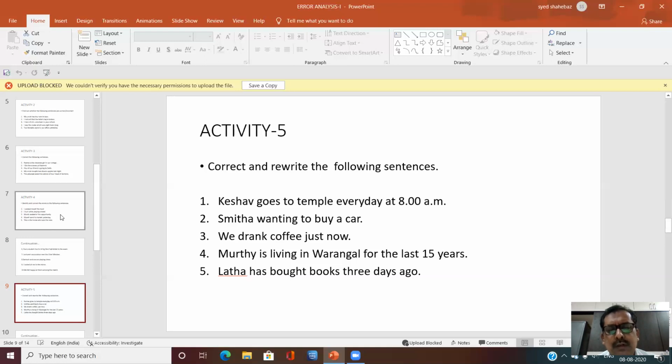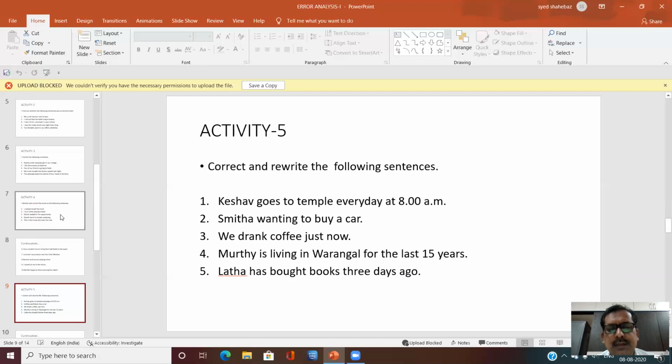We have drunk coffee just now. That is the correct sentence. Generally, when we come across the phrase just now, we have to use the present perfect.